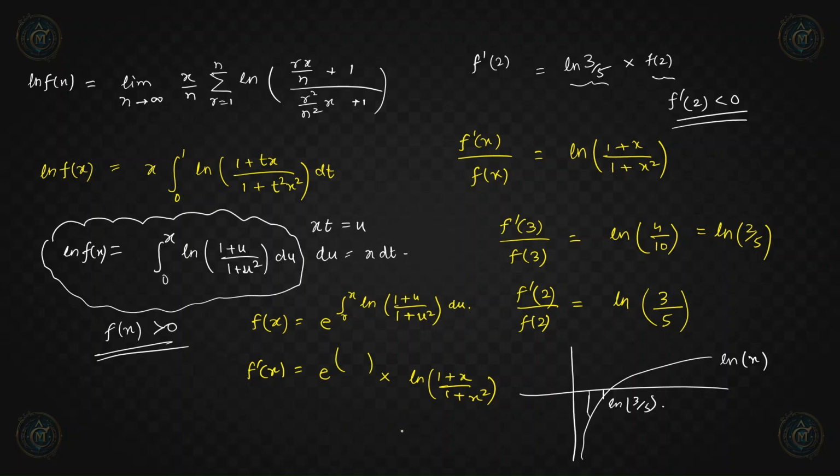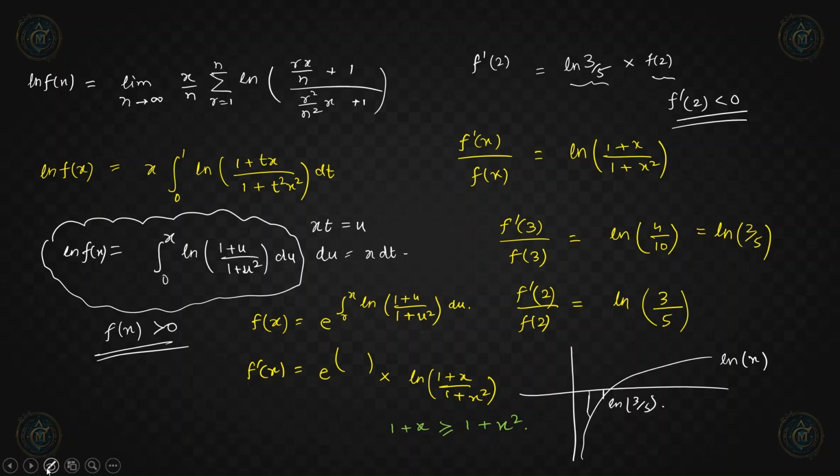In this interval, 1 plus x is greater than or equal to 1 plus x square, right? We know that if we have a number less than 1 but greater than 0, if we square it the number gets smaller. So 1 plus x is greater than or equal to 1 plus x square, and equality holds when x equals 1. That's obvious.